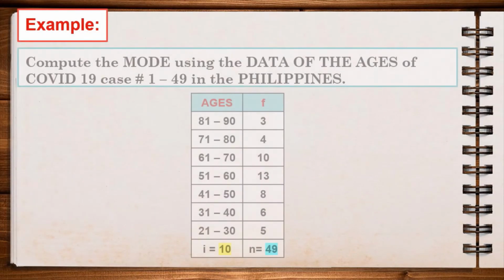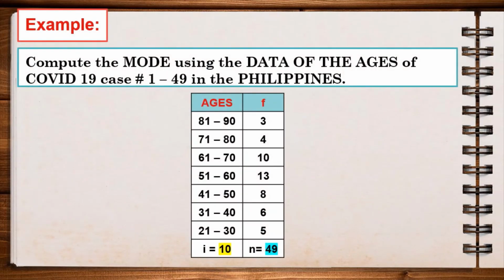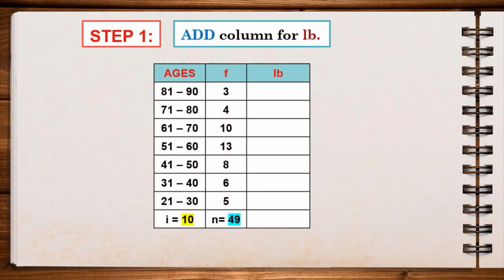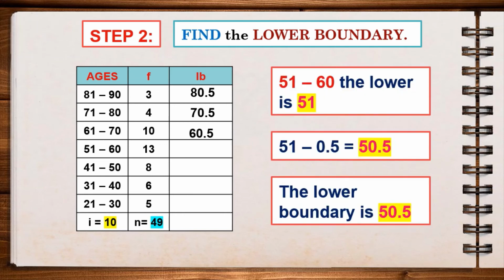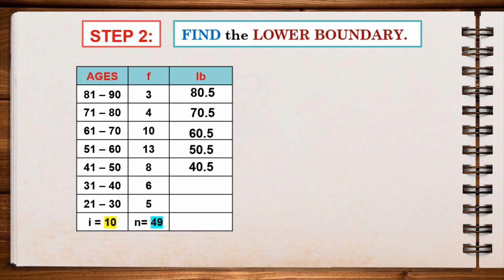Start example. So, yun po ulit yung gagamitin natin. Step 1, yung lower boundary lang po ang gagamitin natin, since ito po ay nasagutan na natin kanina. Okay, so na-minus lang po sa 0.5. Yan lang po.